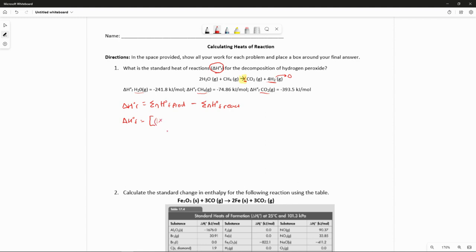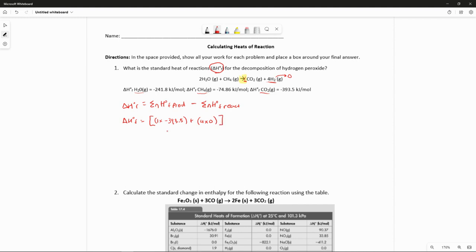1 times the value for CO2, which is negative 393.5, plus 4 times the value for the single element on its own, which is always going to be 0.